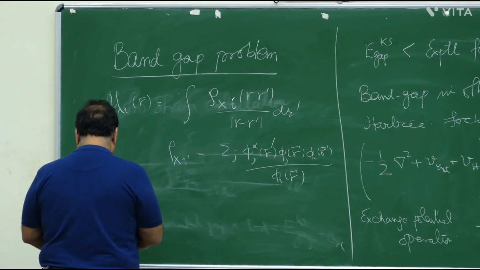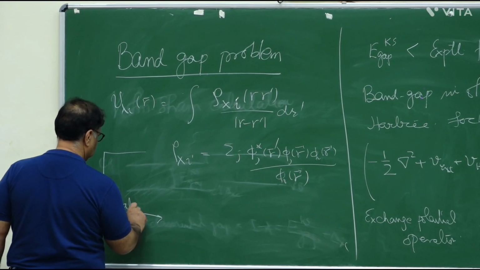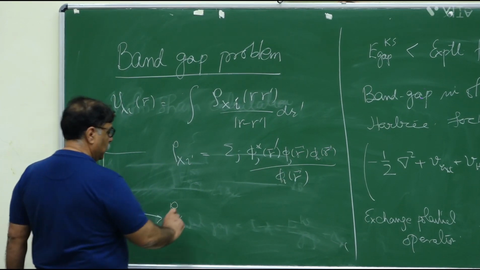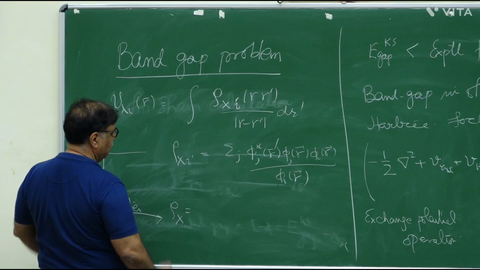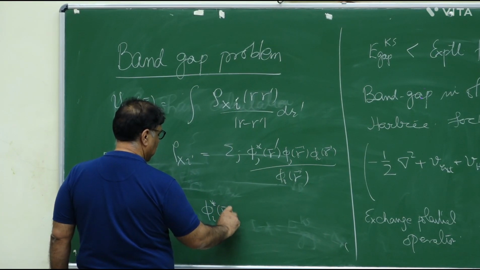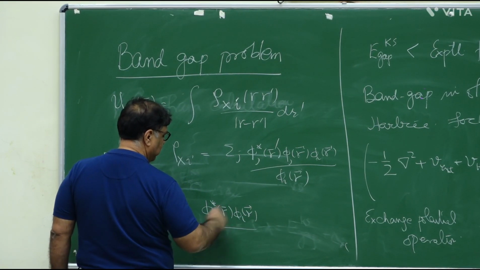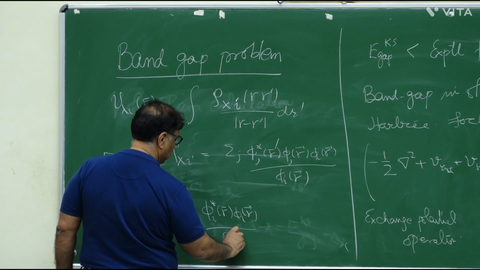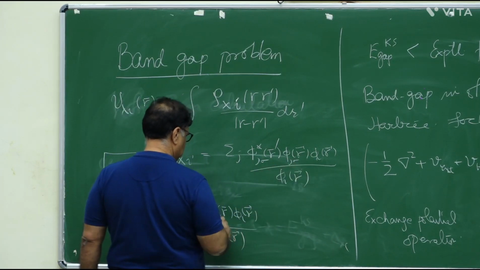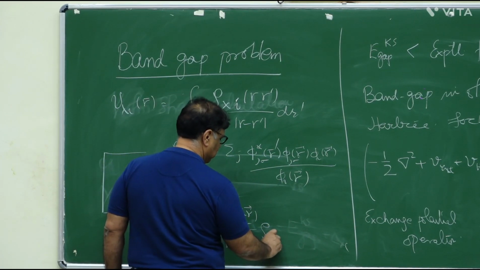So from here, actually, Slater went further, so I just may as well do that. And he said, let us define an average hole, which is the weighted average of this. So I'll weight it with phi i star(r) phi i(r), this is the weight of the orbital, divided by the sum over phi i(r), for each sigma. This is a particular sigma. Sum over sigma i times rho x i.